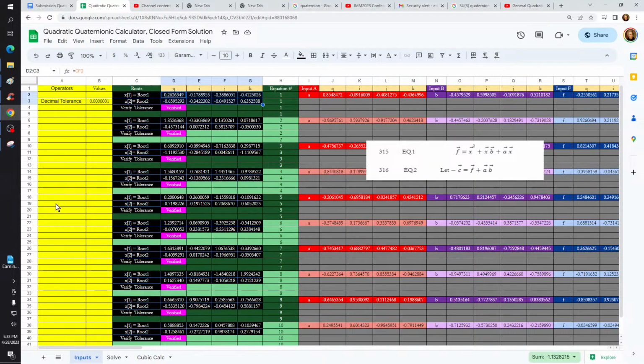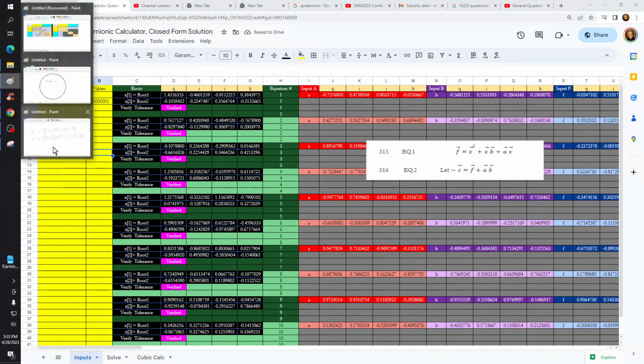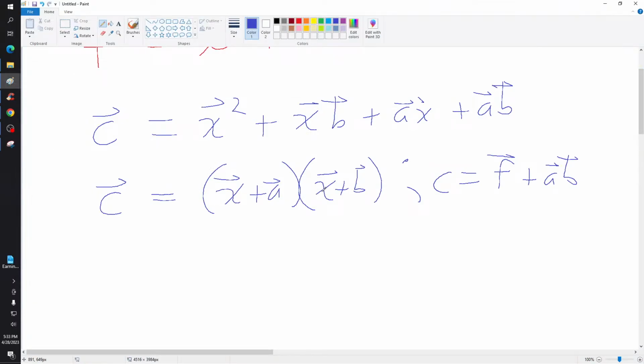It's verified to work even with totally random inputs, confirmed by Excel.